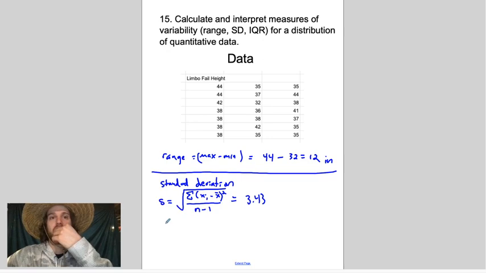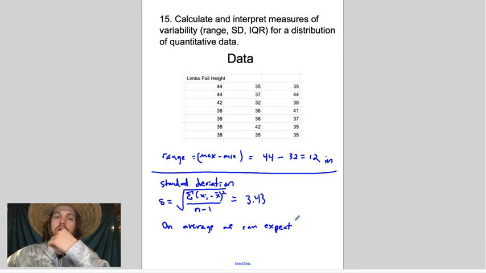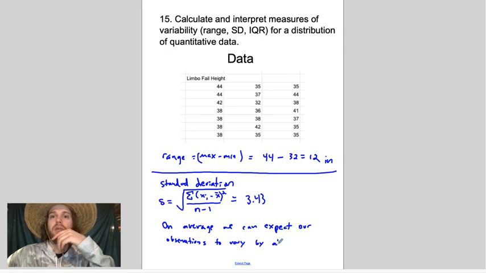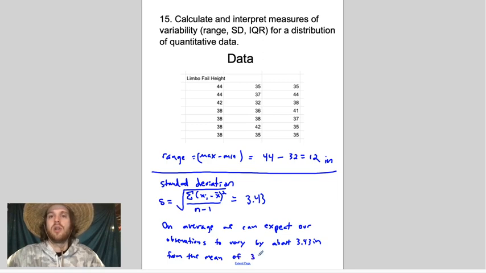the interpretation of this is basically, on average, we can expect our observations to vary by about 3.43 inches from the mean of 38.19 inches.